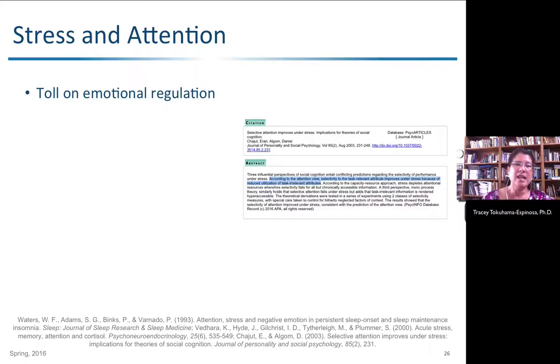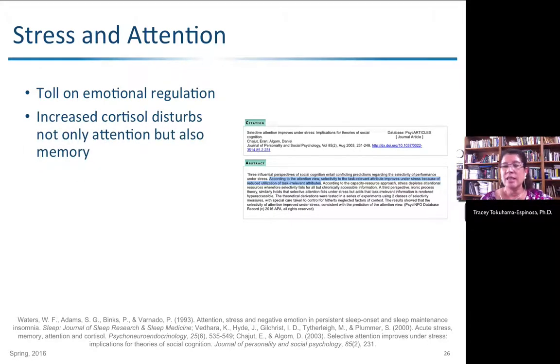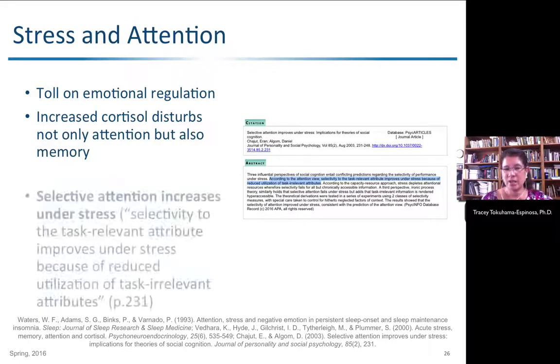Well, we find that stress also puts a big toll on your emotional regulation. So they share common consequences. Lack of sleep and high stress situations put a toll on emotional regulation, being able to keep your feelings in check. The increased release of cortisol in the brain also disturbs both memory as well as attention networks. So attention networks are compromised because of high stress situations.